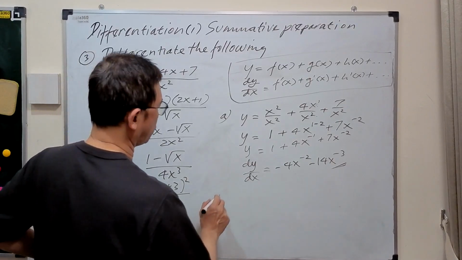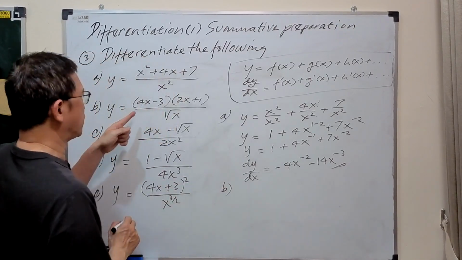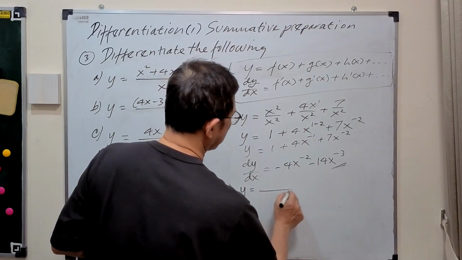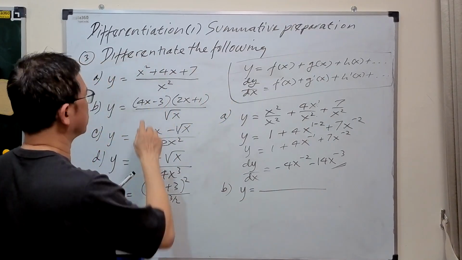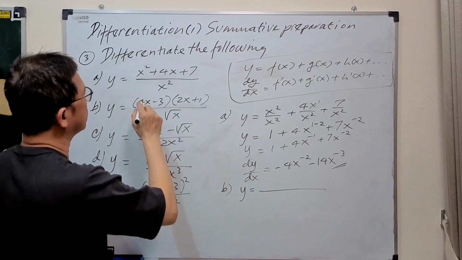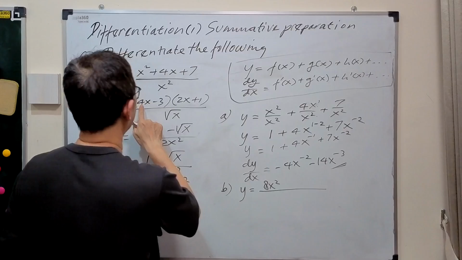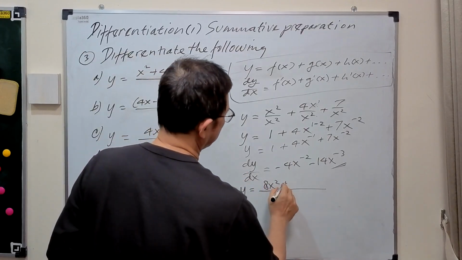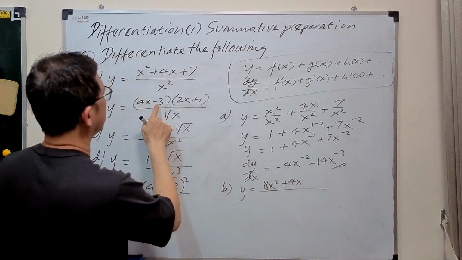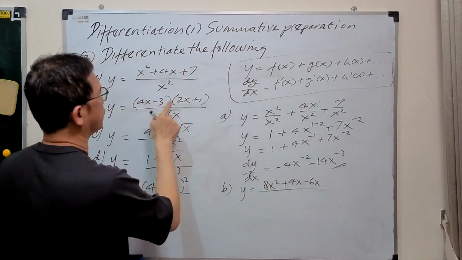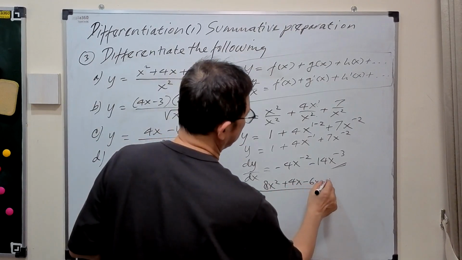Then what about B? What we do first is multiply, using rainbow multiplication. 4x times 2x is 8x squared, 4x times 1 is 4x, negative 3 times 2x is negative 6x, negative 3 times plus 1 is negative 3.